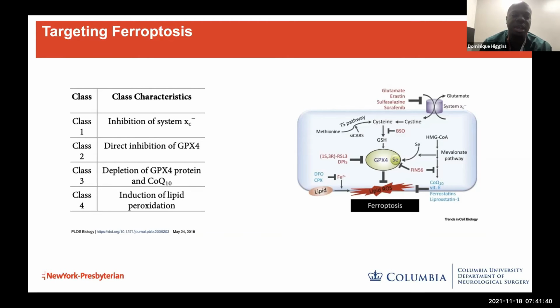You can either inhibit system xc-, which is in the top right corner. It's this exchange antiporter that pumps cystine into the cell, which is the disulfide version of cysteine, in exchange for glutamate. And so inhibiting that prevents cysteine from coming into the cell. Or you can directly inhibit the enzyme GPX4, which is arguably somewhat more potent.